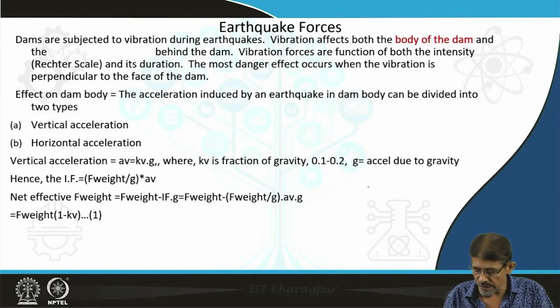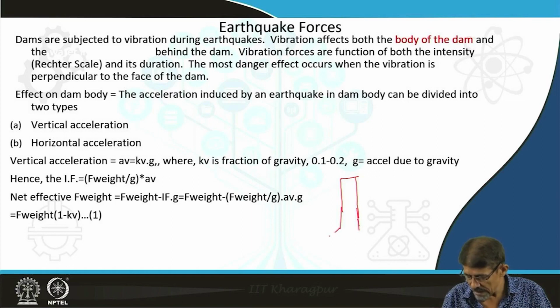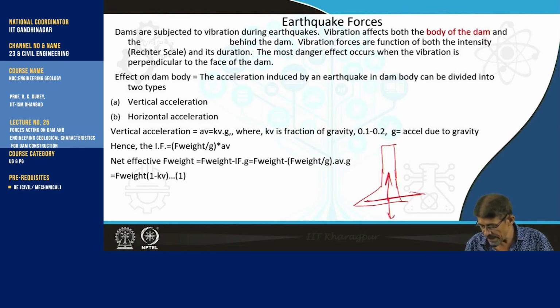During an earthquake, the dam starts moving up and down, left and right, back and forth. Due to this, there is generation of vertical acceleration and horizontal acceleration.